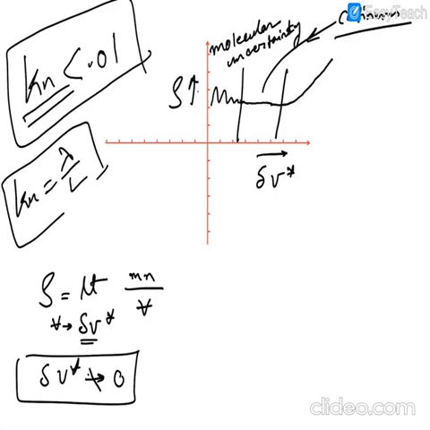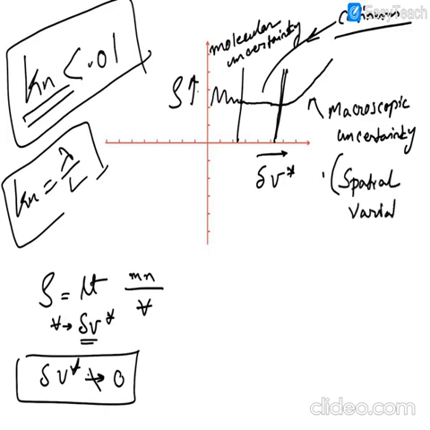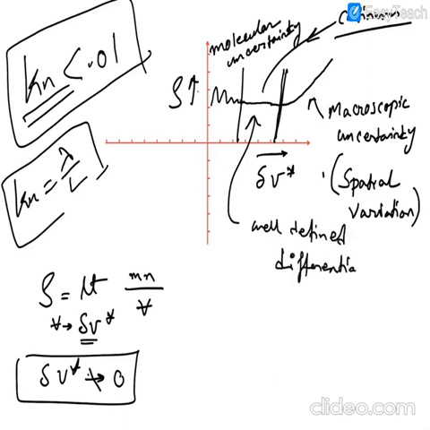And after this point you get what is called macroscopic uncertainty, that whenever you try to increase the volume to a very huge one, there will also be a chance that the density will vary with space. That is what we call spatial variation. But the whole point is that we are interested in working in this domain, where we can use well-defined differential calculus.